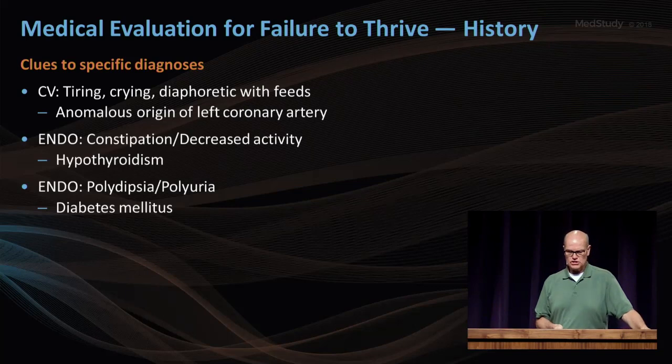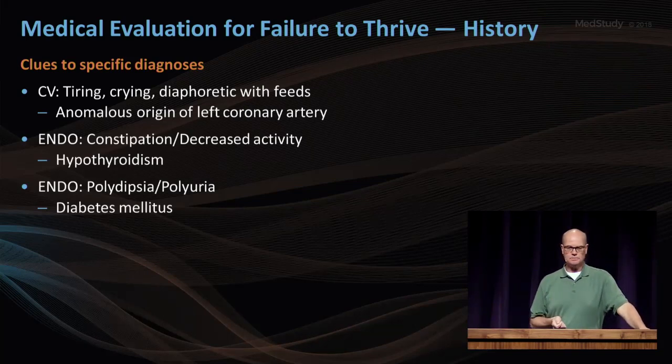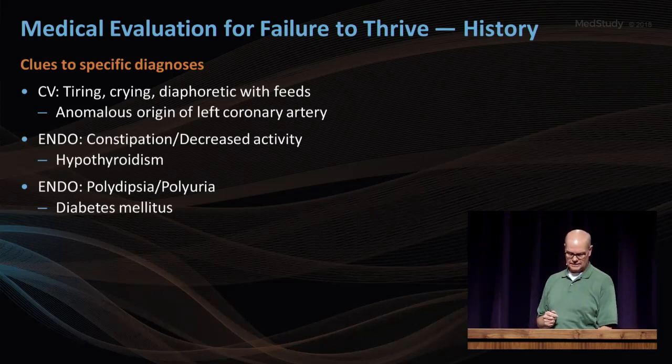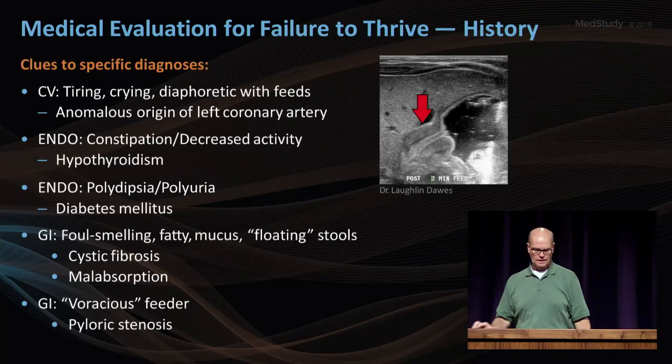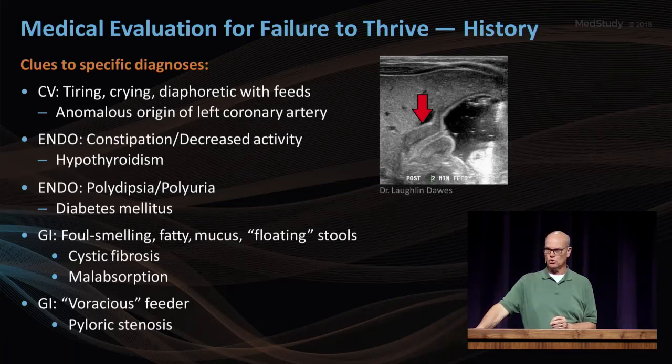Other things to keep in mind: endocrine, history of constipation, decreased activity. Two more: prolonged jaundice in the NICU or the presence of an umbilical hernia. All of those associated with hypothyroidism. Endocrine, obviously also polydipsia and polyuria. Foul smelling or fatty or mucousy stools, certainly suggestive of a malabsorption.